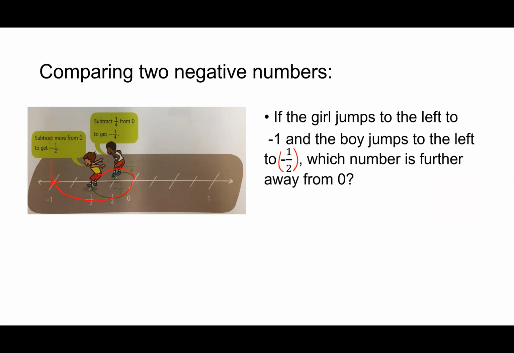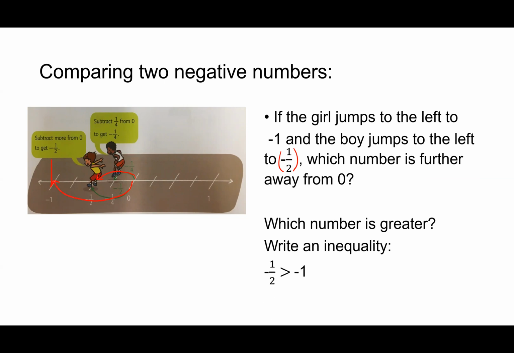Which one of those numbers is farthest from 0? -1, good. So then which one is smaller, -1 or -1/2? -1/2. No, it's -1 because -1/2 is closer to 0. So the one that is smaller is -1.